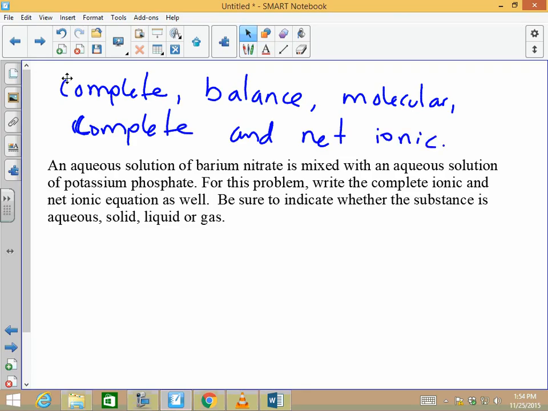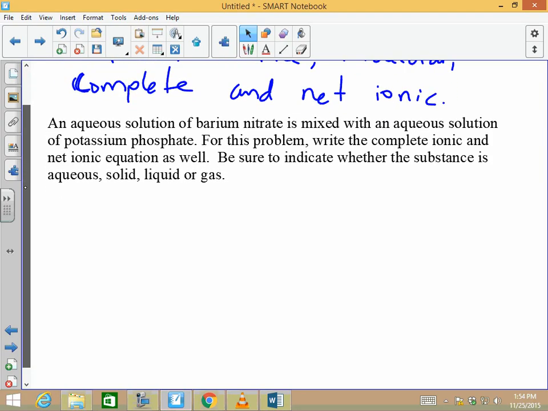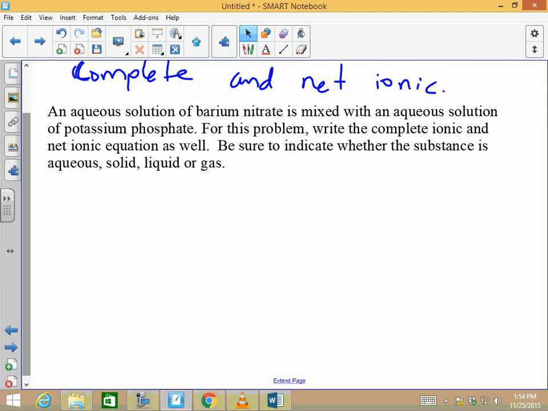Okay, first things first, I need to make sure that I know what's given to me. I could see that they give me barium nitrate. So barium is Ba based on my chart, and nitrate is NO3.